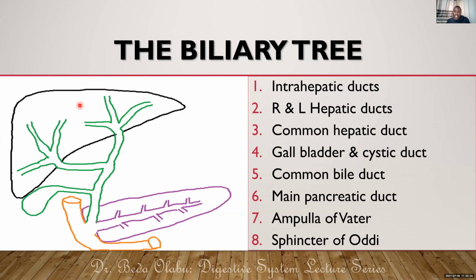In a period of fasting, bile flows like this. So from the liver, it will go through the intrahepatic ducts, right or left hepatic duct, common hepatic duct, then to the cystic duct, then to the gallbladder. That happens when you are not eating during a fasting season.